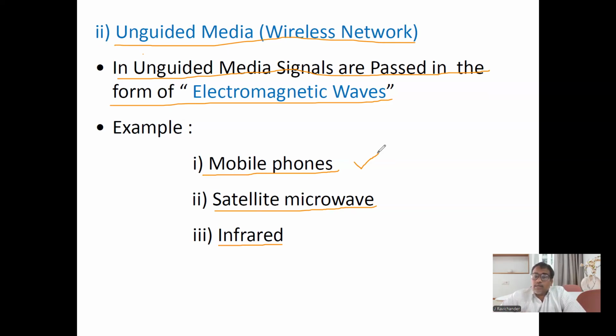Next, satellite and microwave communication. We use these unguided mediums. Another one, infrared. For example, indoors, we use infrared signals. To launch any satellite, we use satellite communication. In indoor communication or any particular application, such as defense applications, we use infrared communication.